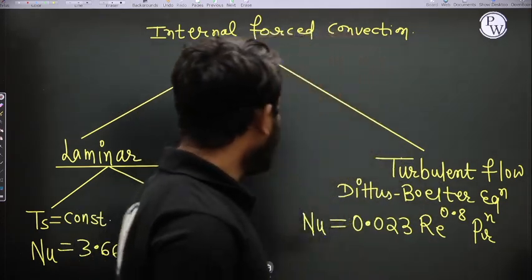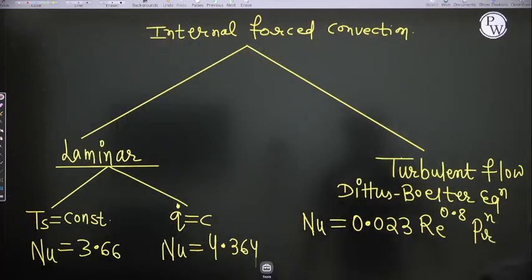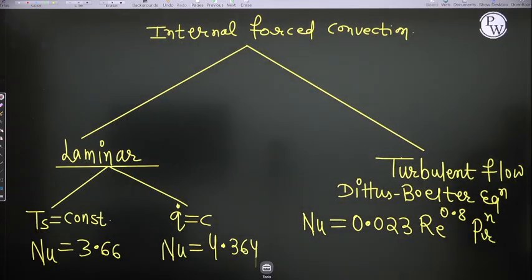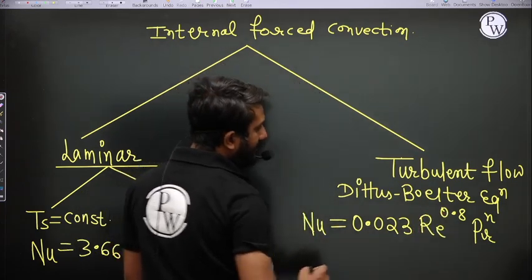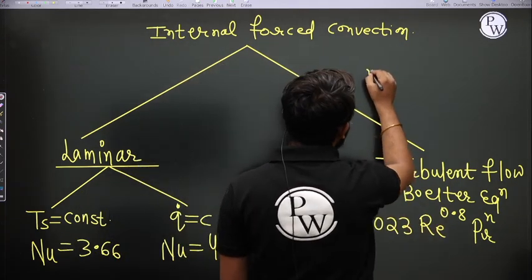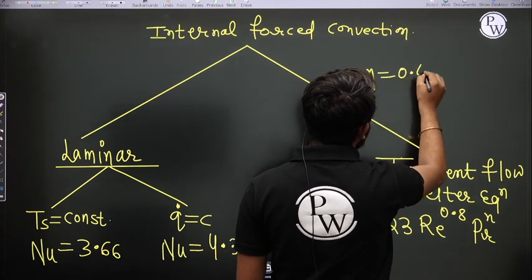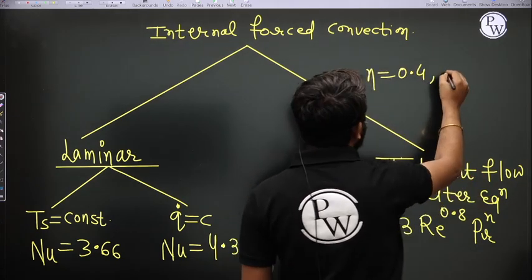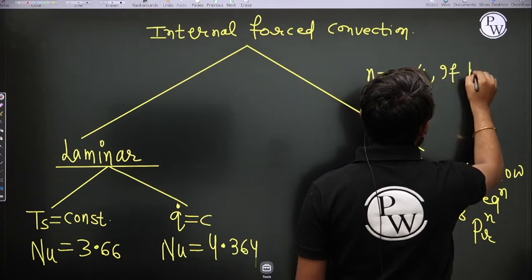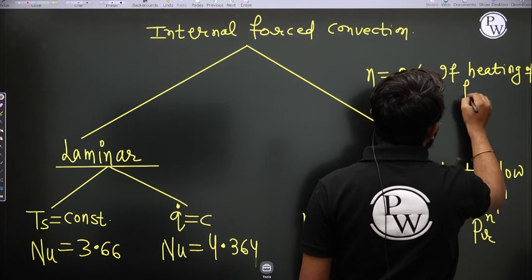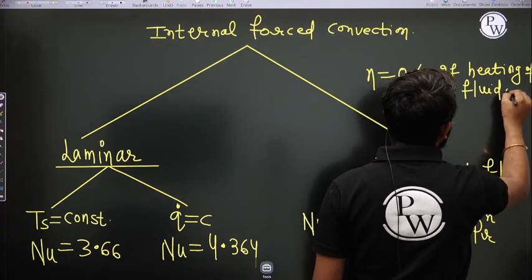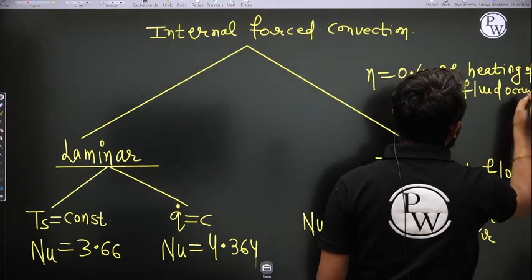Right. Now see here. n is equal to 0.4 if heating of the fluid occurs. What is the meaning of that?